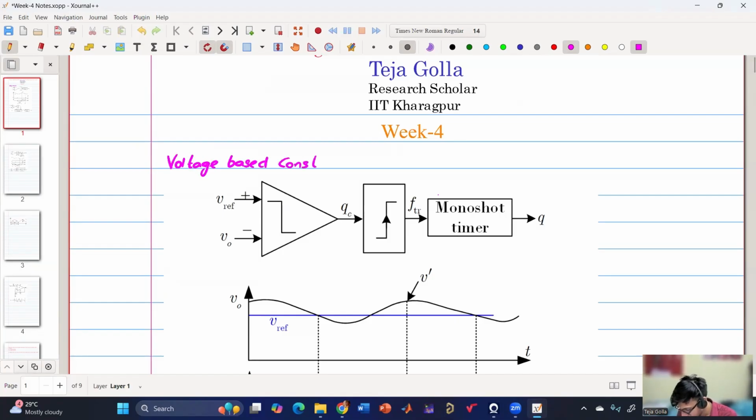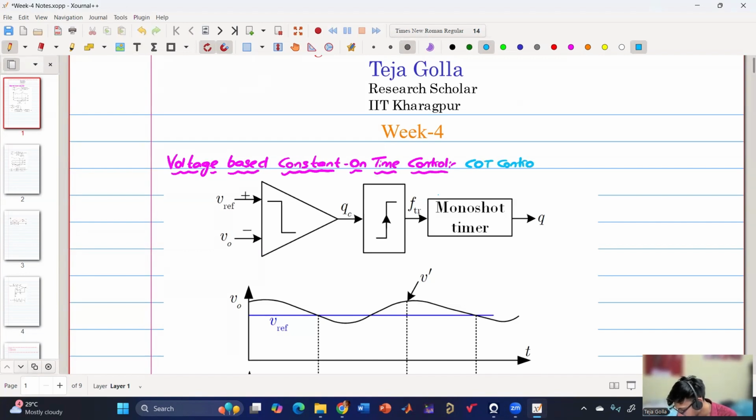It is also called COFT, where C stands for constant, O stands for on, T stands for time. So COFT control, constant on time control.